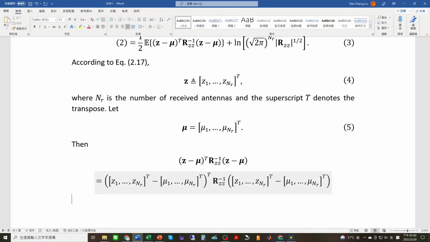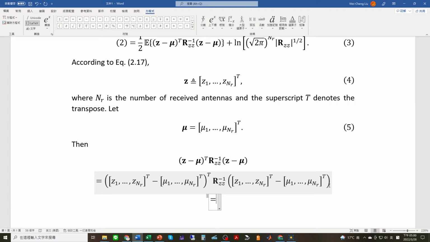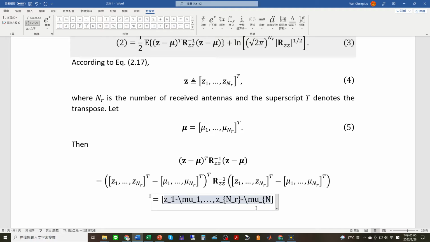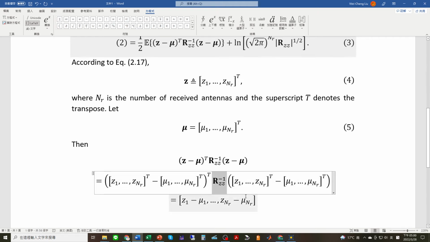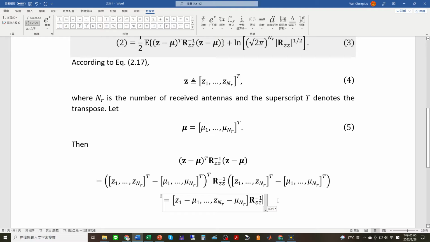And then it is equal to bracket z1 minus mu1 to znR minus mu nR, like this, and times the RZZ inverse, and times a column vector.